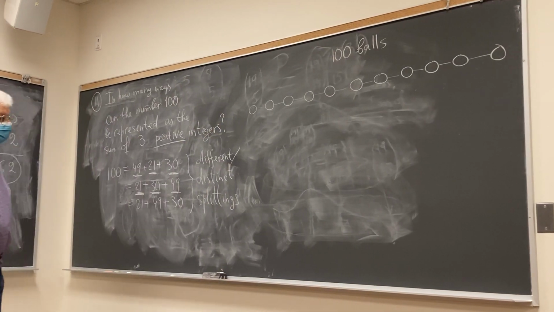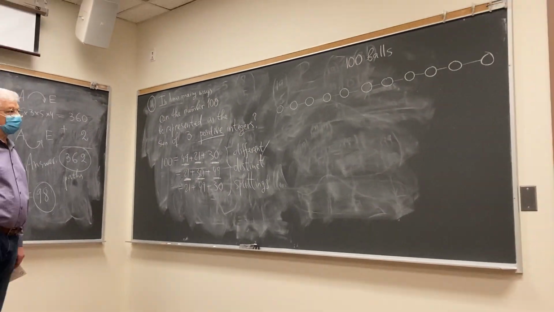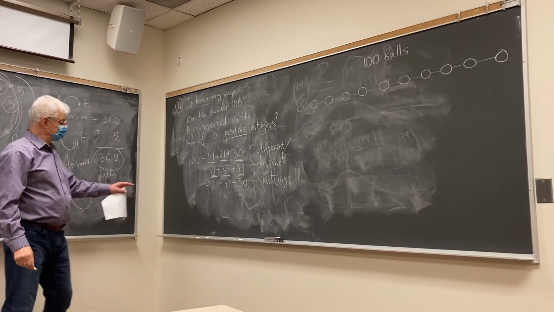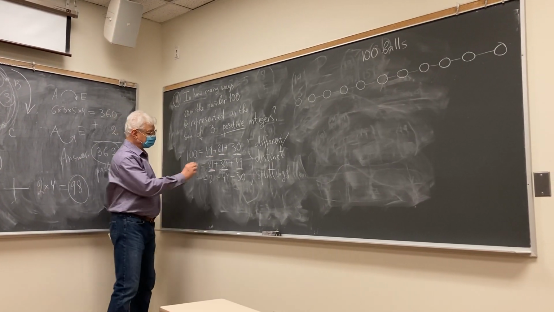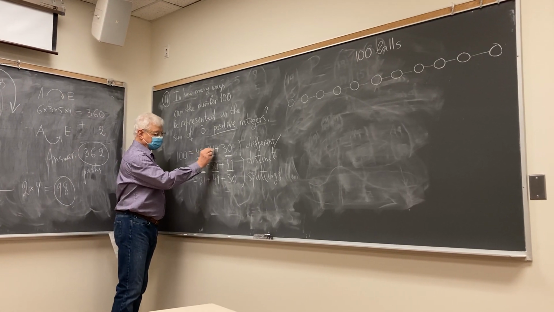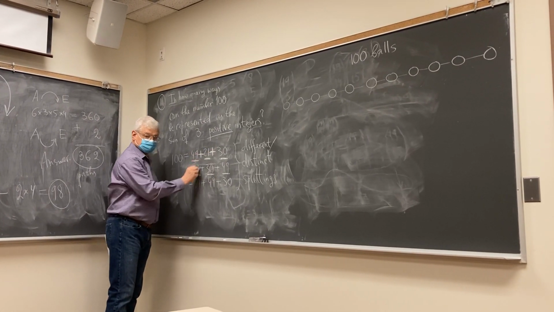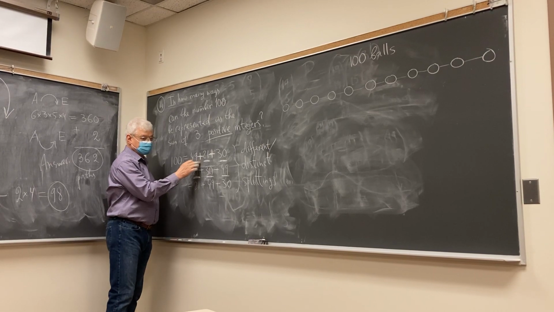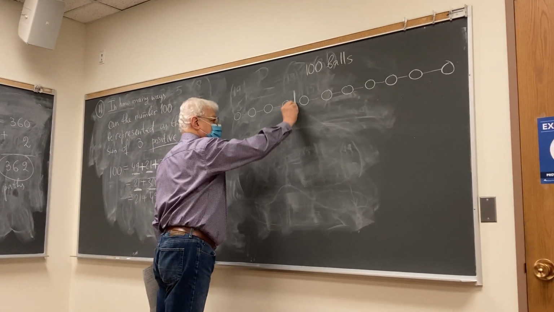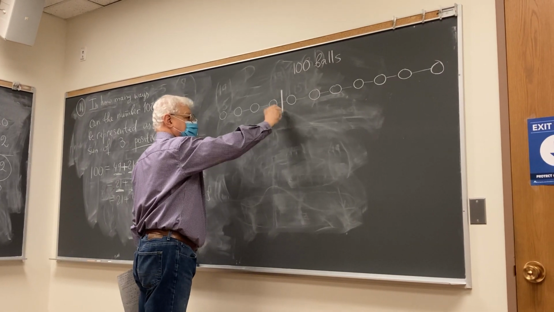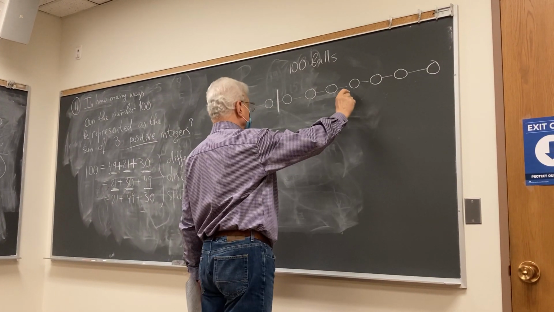So how to split? If I have, for example, 49 plus 21 and 30, I put two pluses between them. Consider these pluses as a cut. Let me put a stick here, a cut, and a cut here.